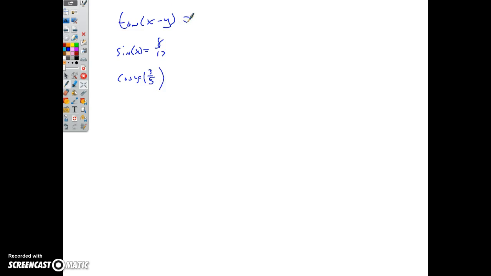One thing I know how to do with the minus identity is use the identity, so that's going to be tangent x minus tangent y over 1 plus tangent x tangent y. Now, this is all well and good, except they didn't tell me what tangent x or tangent y is. That's a little lame. How am I going to deal with that?